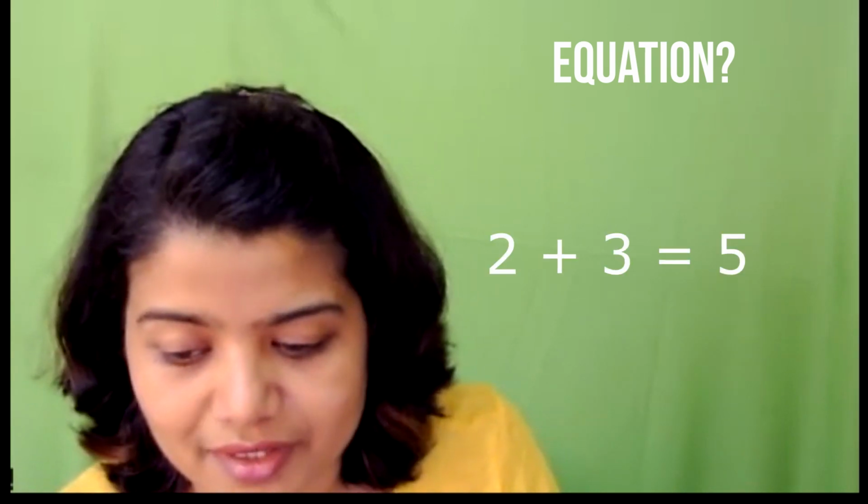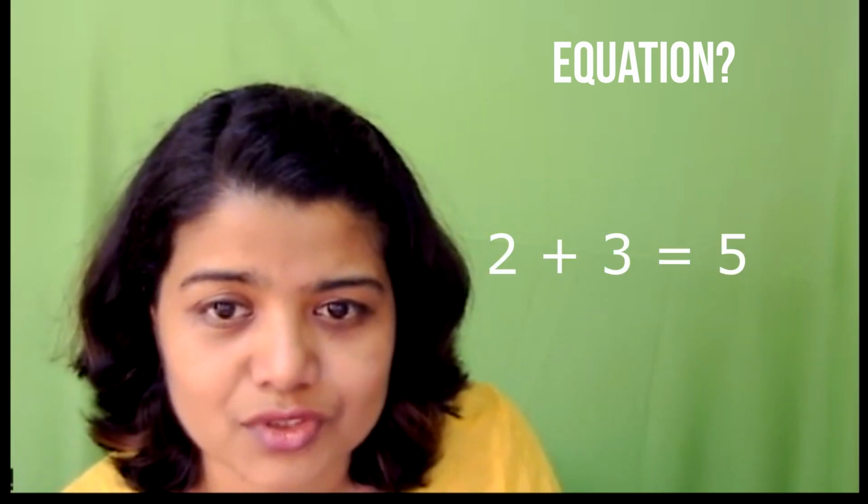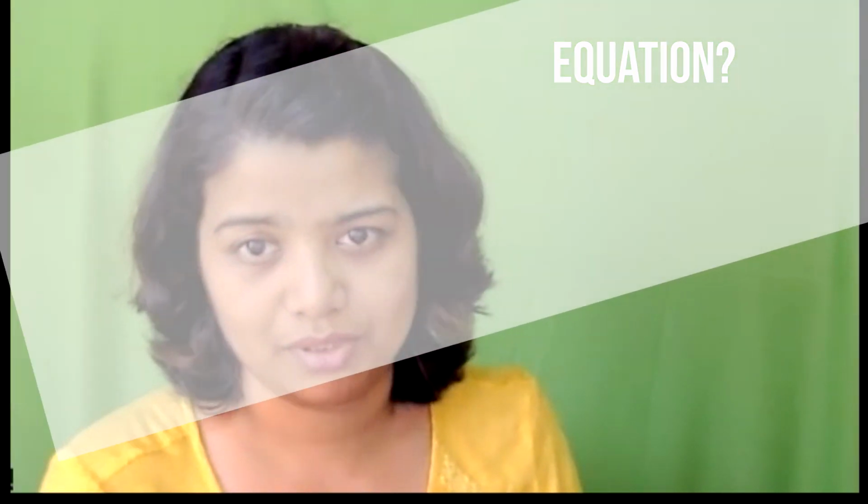So over here, notice 2 plus 3 equals 5 is an equation. So it has two sides and there's an equals symbol in between, saying that this side is equal to this side. Now you'll say, where is the X? Where is the Y? Where are the alphabets, the letters?